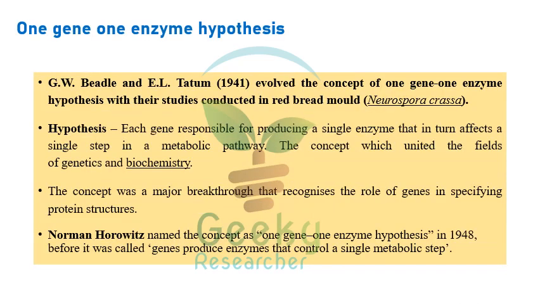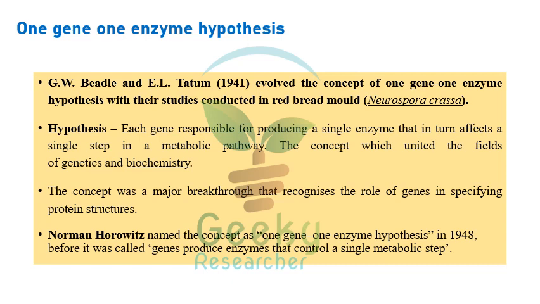Coming to the one gene, one enzyme hypothesis, I'm not going to explain it in depth, but I would simply say who came up with this idea. It was very famous because it was formulated by Beadle and Tatum.